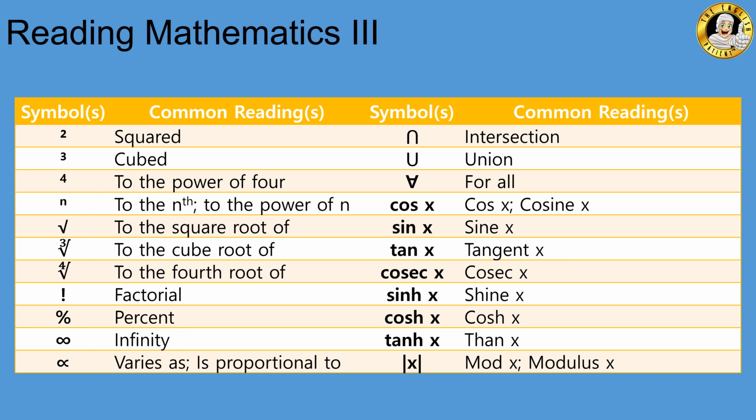And then to the third column now, intersection, union, for all, cos x or cosine x, sine x, tangent x, cosec x, sine x, cosh x, tan x, mod x or modulus x.